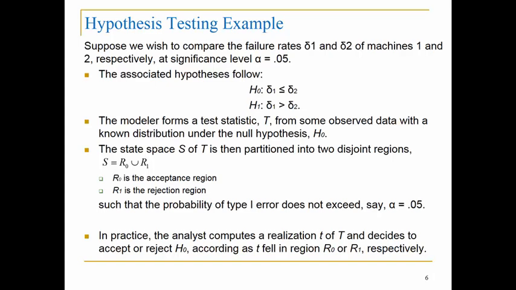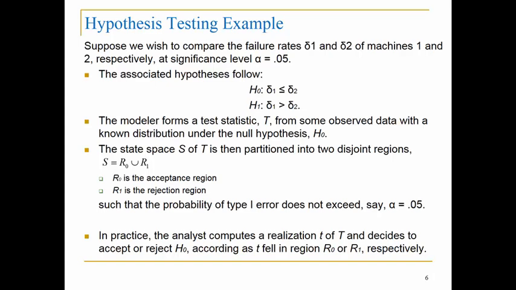So suppose we wish to compare the failure rate of two machines, denoted by delta 1 and delta 2, for machine 1 and 2 respectively. This is a test performed at a significance level of 95%, which means that alpha is 0.05. The associated hypotheses are these two.